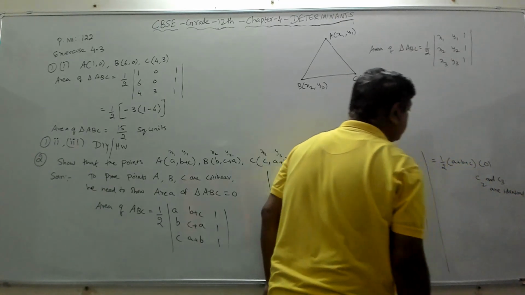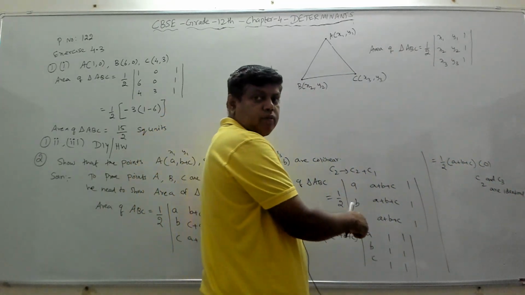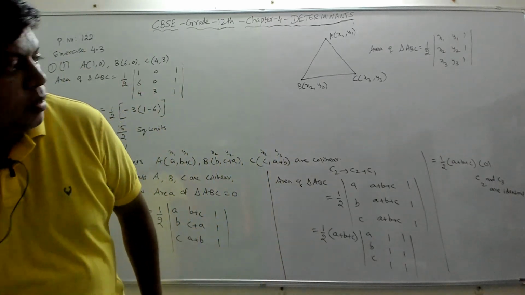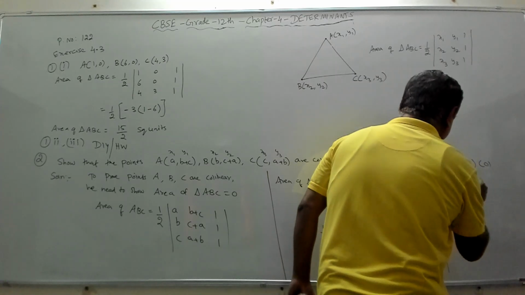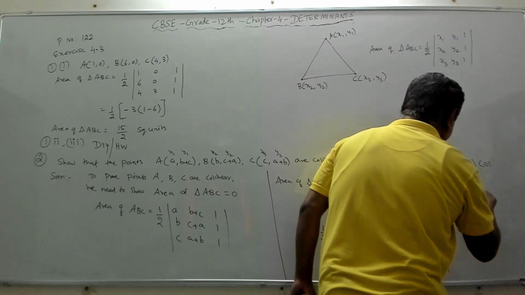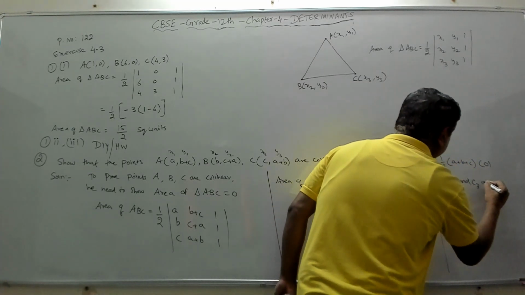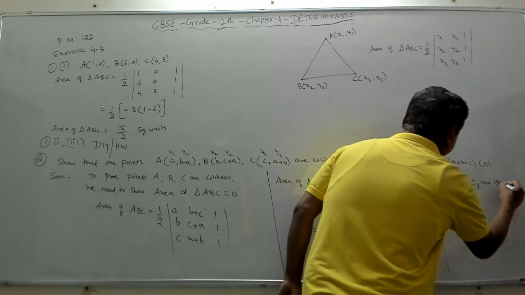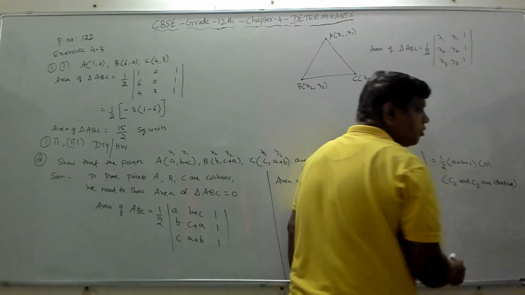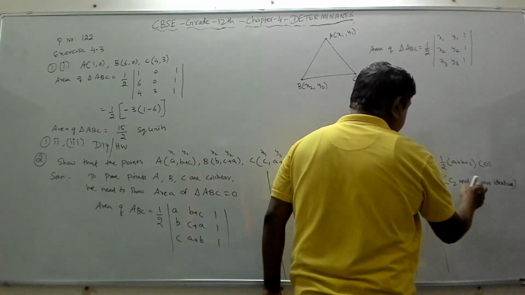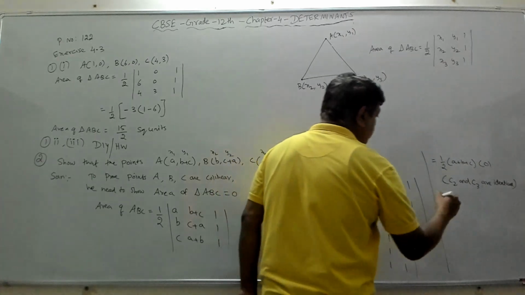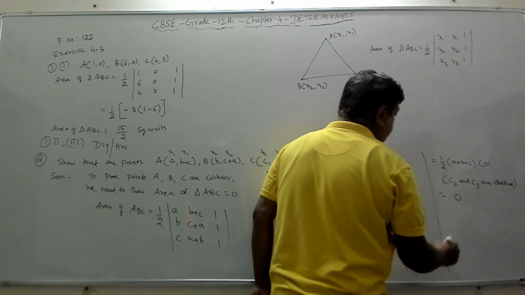I will write the reason here: because C2 and C3 are identical, which means all the elements of C2 and C3 are identical, because 1, 1, 1 is also 1, 1, 1. Therefore, this value will finally become 0.